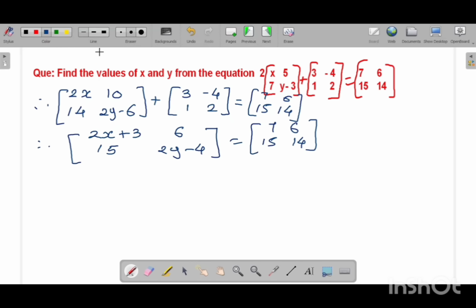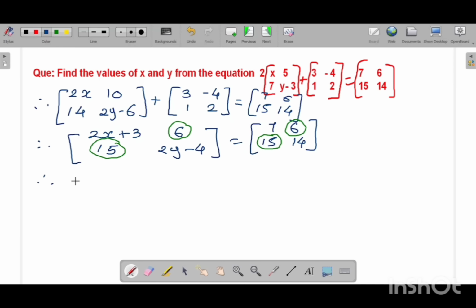Before we go ahead, I want to draw your attention to the unknown values 2x plus 3 and 2y minus 4. If you compare the remaining values, which have no variable in them, because of this equals sign, those elements are equal, and they should be, otherwise you have made a mistake somewhere. So you need to be very precise about it.